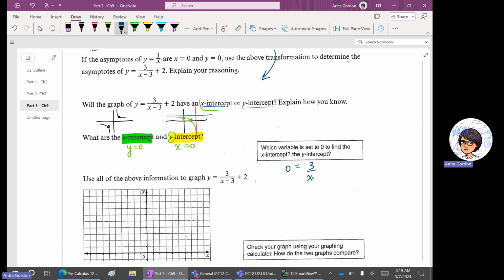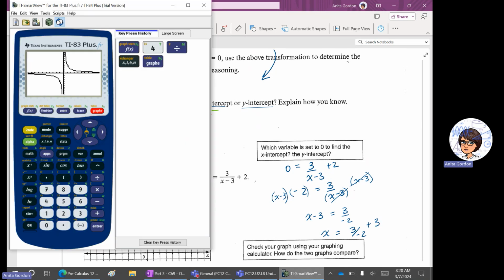I'll have 0 equals 3 over x minus 3, plus 2, and I want to rearrange this equation. So I'll have negative 2 equals 3 over x minus 3. Then I'm going to multiply both sides by x minus 3 to bring that up from the denominator. So these cancel, and I'll have x minus 3 equals 3 over negative 2, and x equals 3 over negative 2, plus 3.